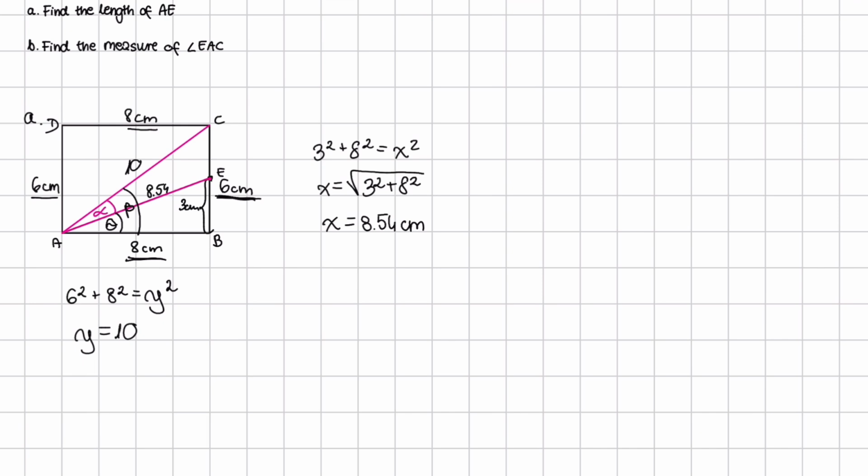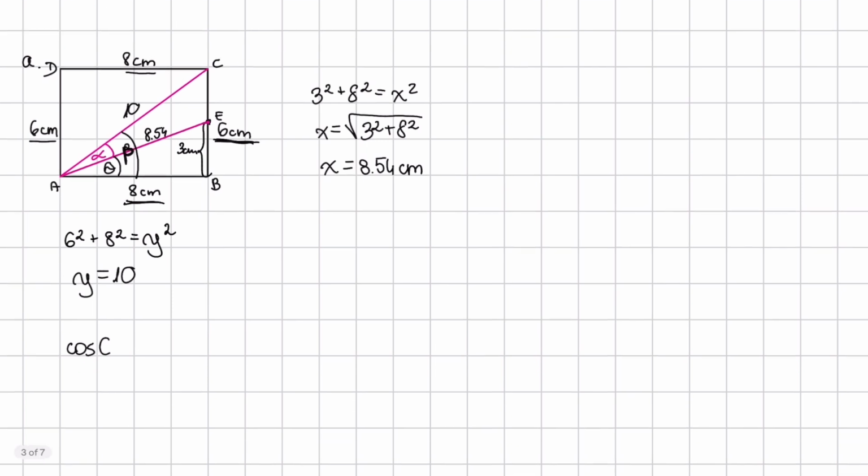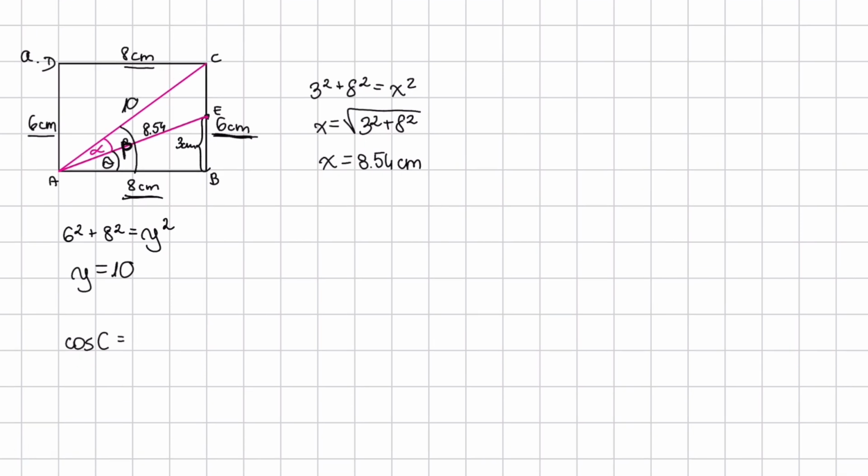And now, in order to calculate this angle, we have to use our cosine rule. So it looks like this. We can firstly rewrite it. So cosine of angle C equals a squared plus b squared minus c squared over 2 times a times b.